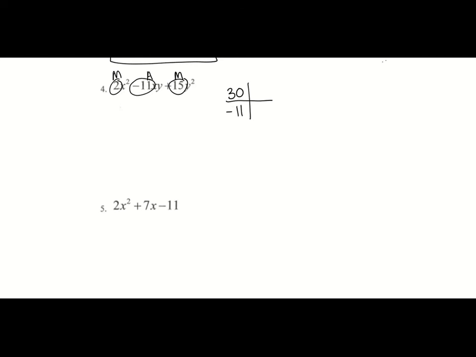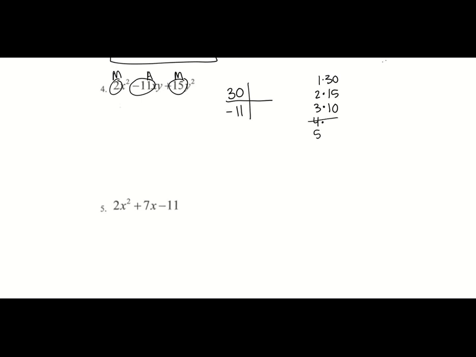So let's start multiplying numbers to 30. I've got 1 times 30, 2 times 15, 3 times 10, 4. Can't multiply anything by 4 to give me 30, so that one's not going to be it.